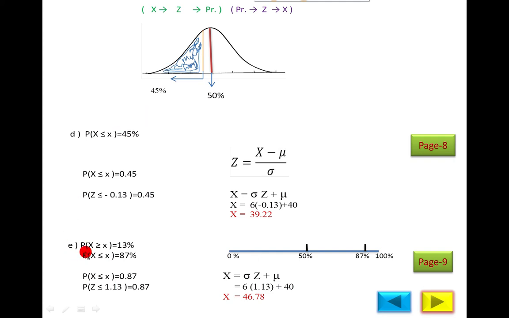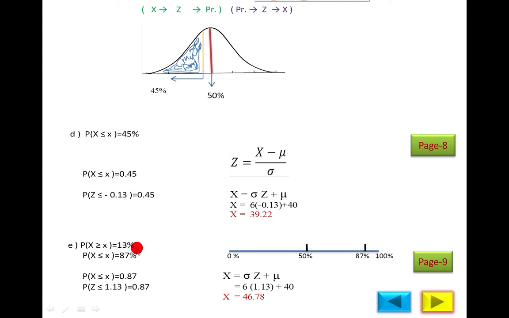Next part, find the value of x when the area above is 13%. And you know that for above, we subtract from 1 in probability. If the area in percentage is above 13%, we transform the notation greater than or equal to into less than or equal to.